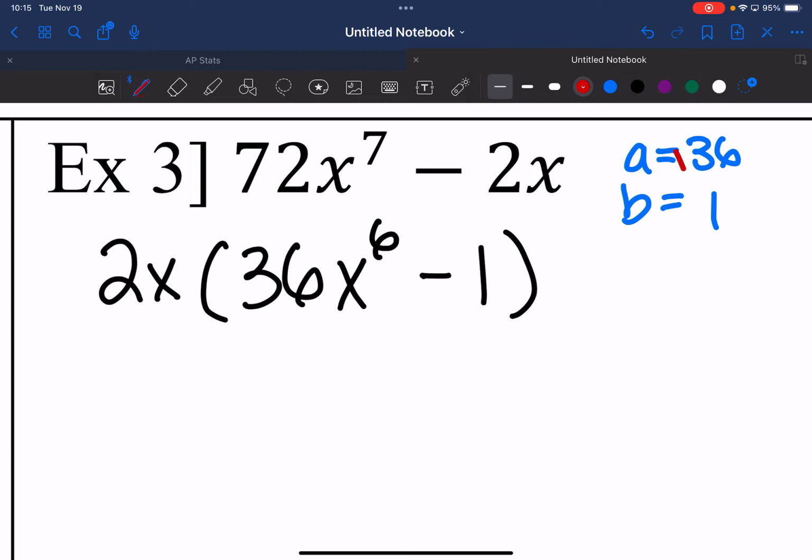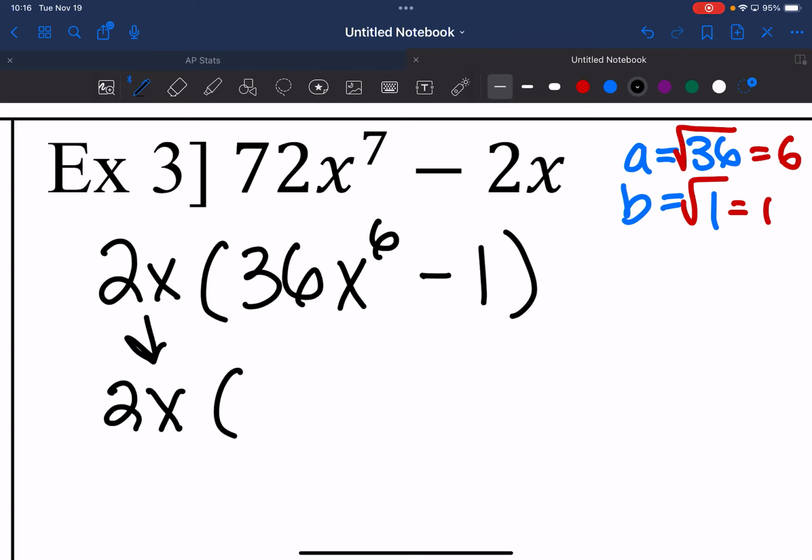What's the square root of 36? 6. What's the square root of 1? 1. So what would our 2 factors look like? You're going to carry the GCF with it. As for the negative sign with the 1, you only take the square root of the number, not the sign with it. So you would bring the 2x down, and then we would have what?